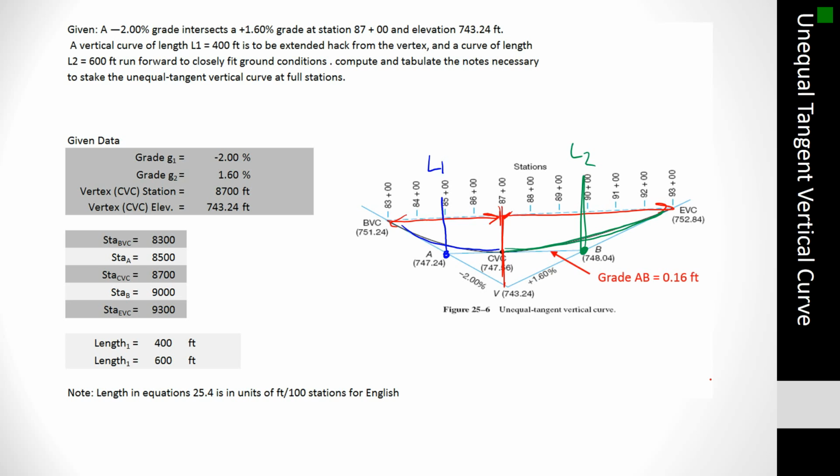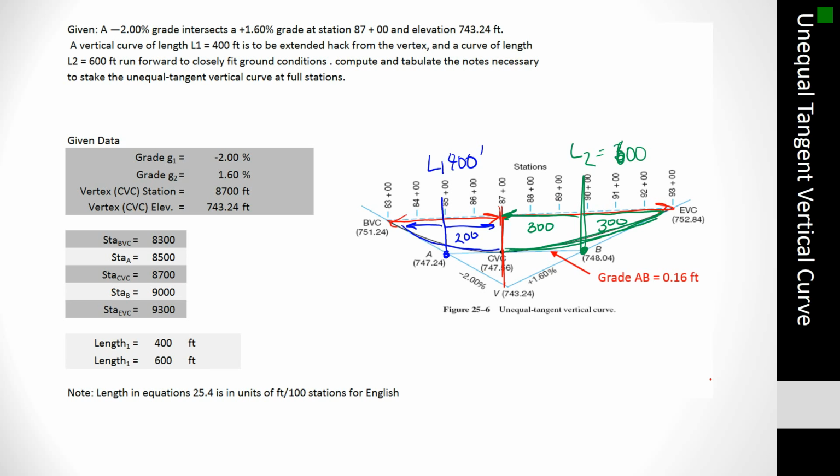Now L1 said it was 400 feet. So from here, from the vertex to the end, is going to be 200 feet. And L2 was 600 feet. So from here to here is 300 feet. From the beginning of the second vertical curve to the end is 300 feet.